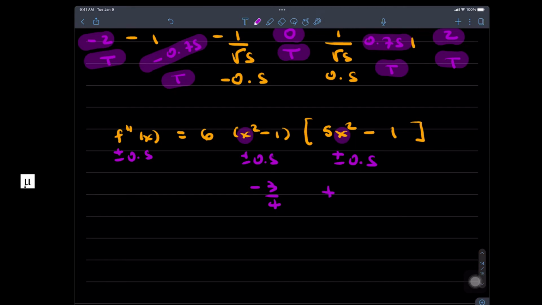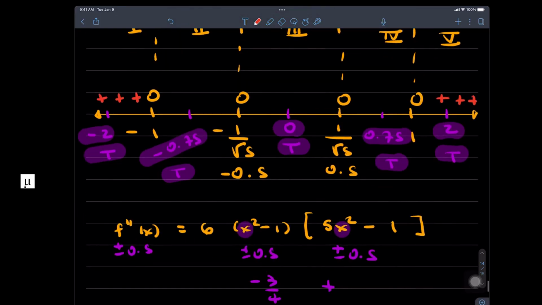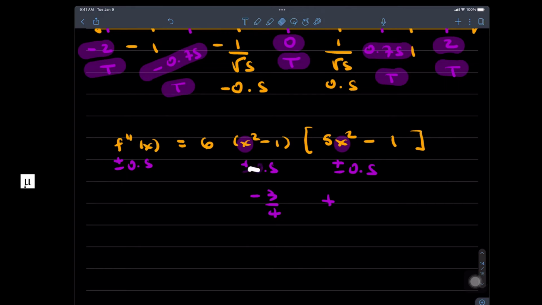Okay, you guys double check? 5/4 minus 4/4, that's positive. So a negative times a positive gives you a what? It's a negative. So this region here, I'm sorry, what did I do? I messed up. We want 3/4. Doesn't matter. It's going to still be negative. Sorry about that. I just want to be clear.